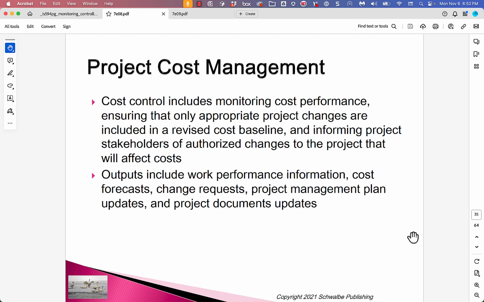We may be logging hours against the project and other things like that. But there are other people who work for the accounting department and the finance department who are really responsible for getting all these numbers.